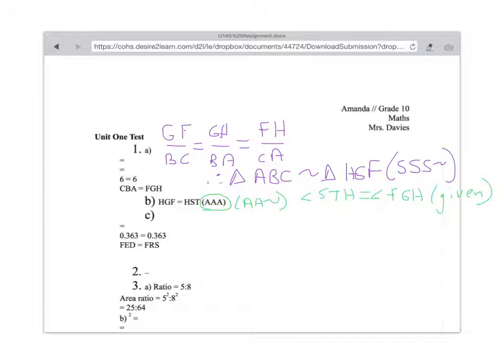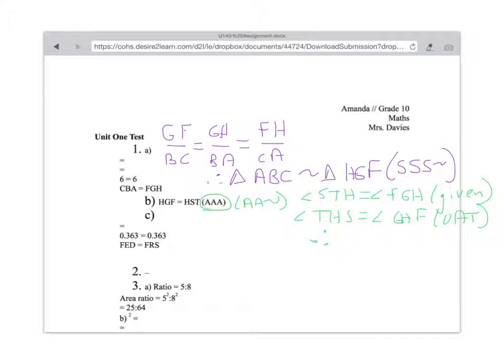And then you can say angle THS is equal to angle GHF, and that's because of opposite angles. Opposite angle theorem is OAT for short.